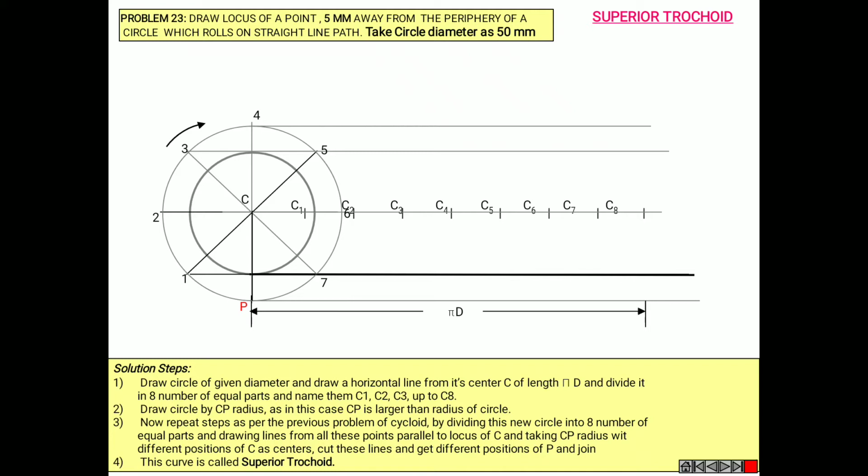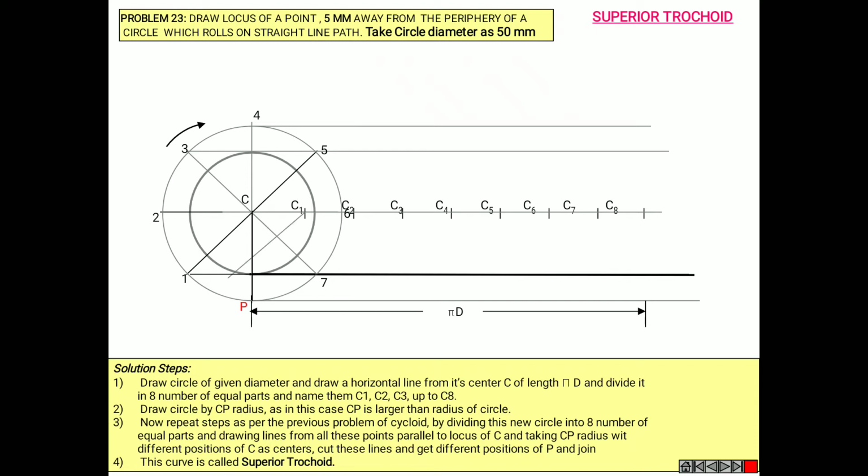Now taking CP as the measurement in your compass, cut the arcs from C, C1, C2, C3 and so on. C towards P, C1 on the line 1, C2 on the line 2, C3 on the line 3 horizontal lines, C4 on 4, and so on up to C8 on the P line.